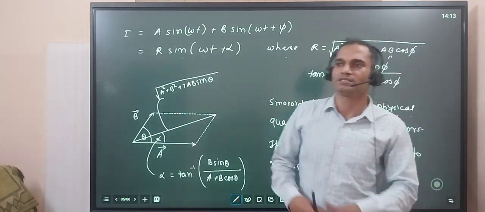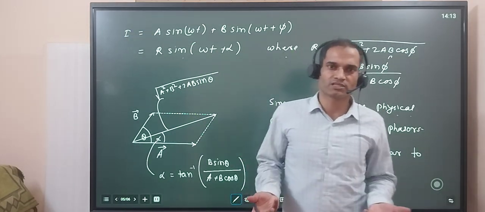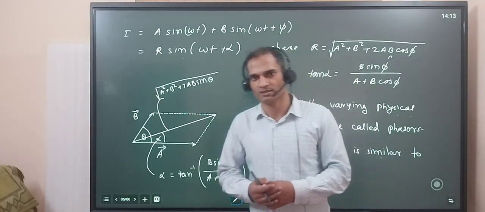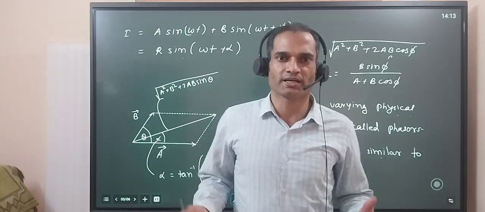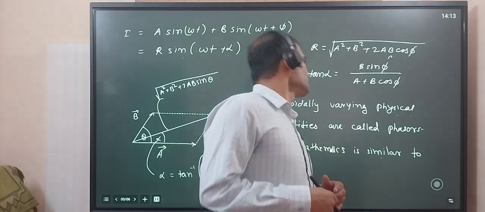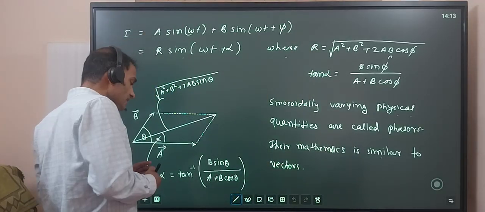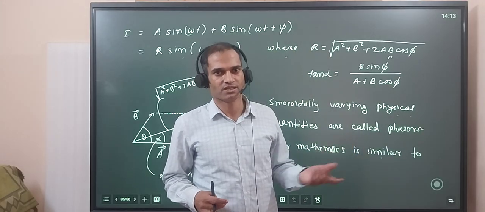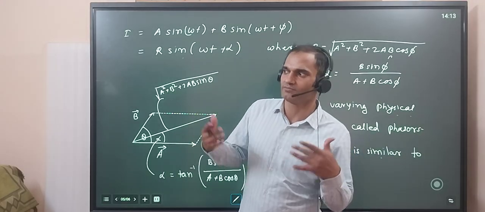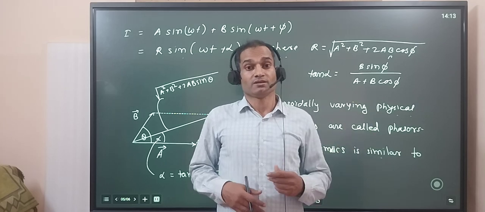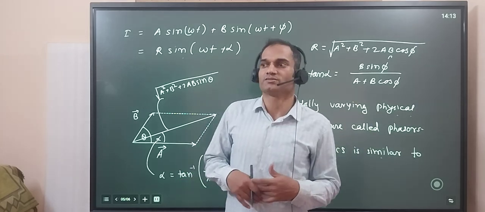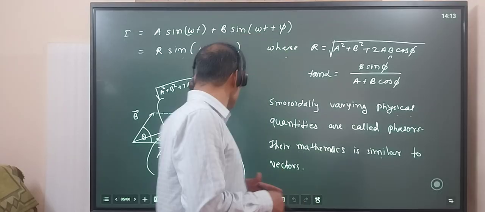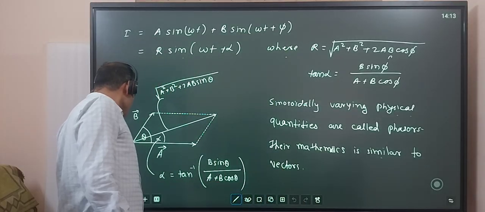A phasor can be EMF also, flux also, any quantity that is changing sinusoidally, cos omega t or sin omega t. Clear? And in SHM we have added velocities, we have added displacements. So these are phasors.